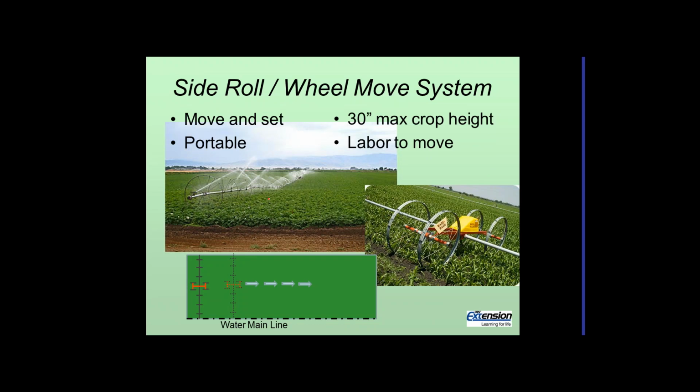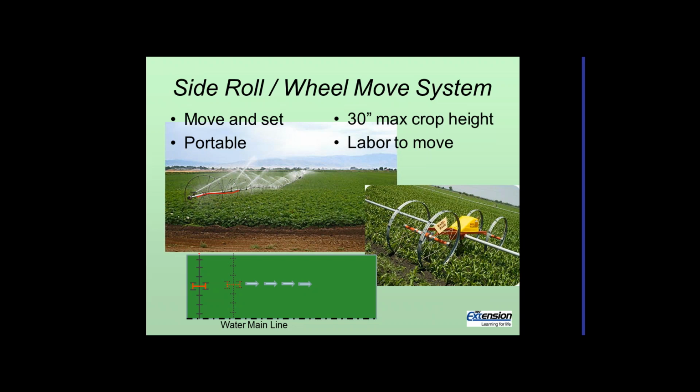Another system is a side move system, and this has got to be a farmer that put this together because he got sick of moving pipes. So the pipe is put on a wheel that can be rolled. These don't just run down the field. It's actually what we'd call a move and set.